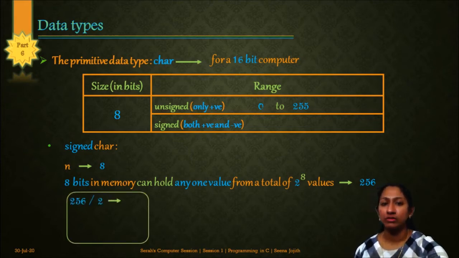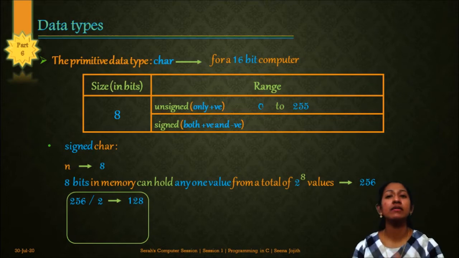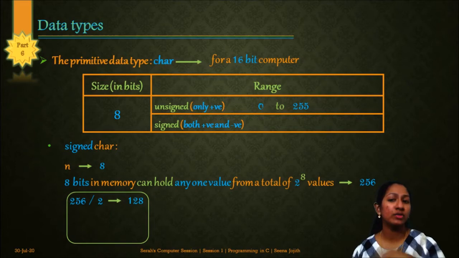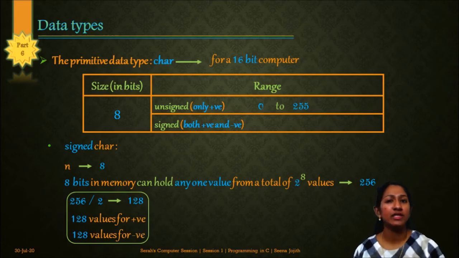If you want to store both positive and negative values, you have to divide this 256 exactly into 2 so that you give equal provision for positive and negative values. When you divide it by 2, you get 128. So 128 values for the positive and 128 values for the negative.